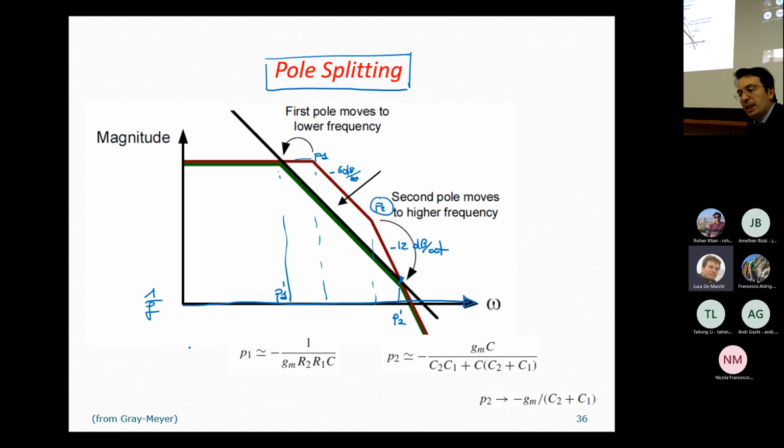This is interesting because if we compare the green phase curve to the minus 180 degree line, then we have a much higher phase margin. Okay, because the distance of this curve with respect to the minus 180 degree curve is much larger. So after this pole splitting, we may have a more stable circuit.